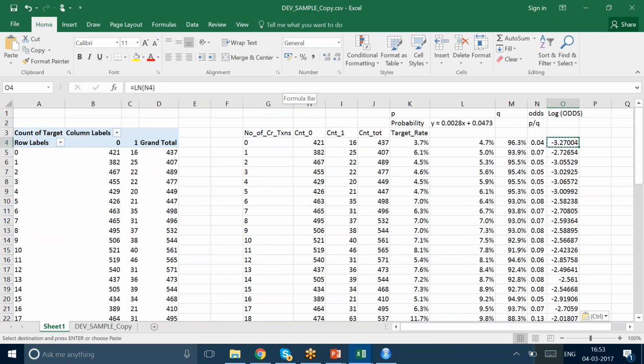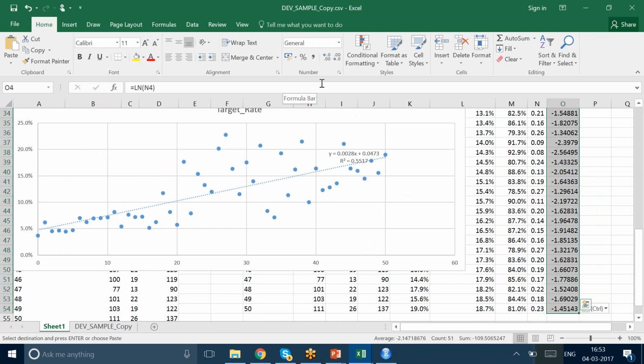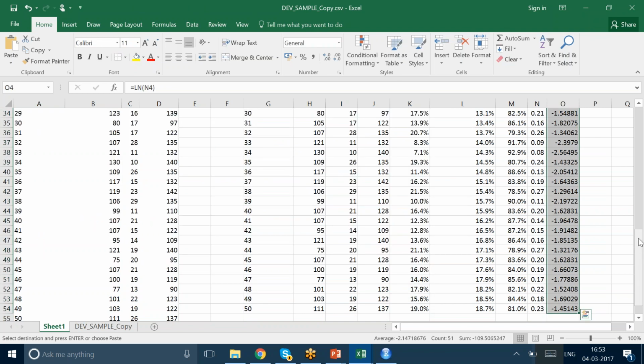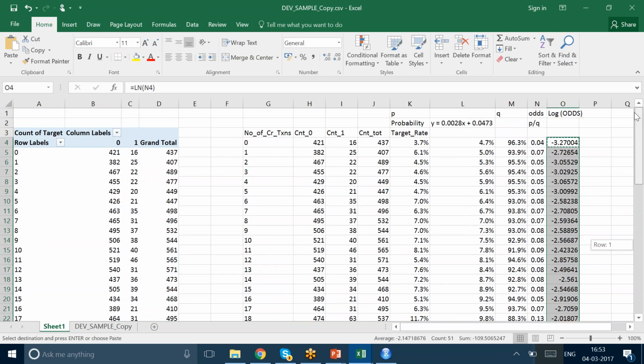When you do this log odds, now you build a model of this. Let me delete this, it is probably disturbing me. Now when I build a model of this log odds, ln odds, let me write it like this, with respect to this, I'll get an equation.